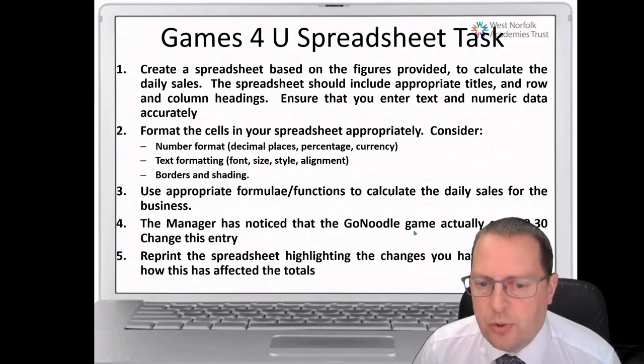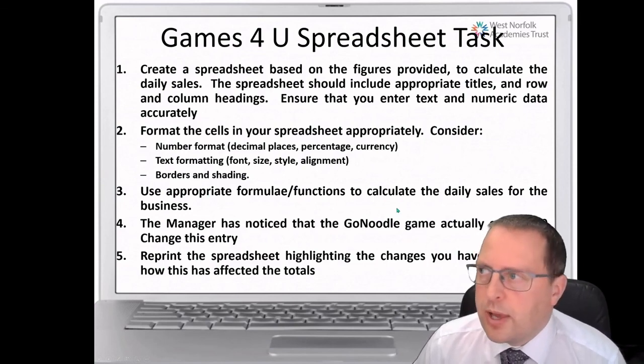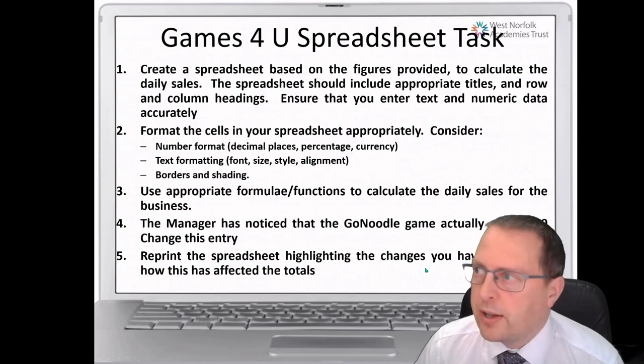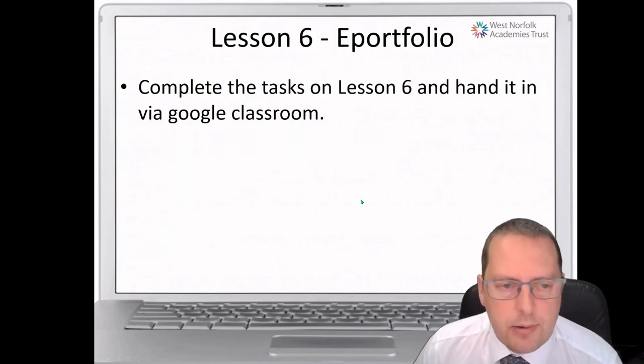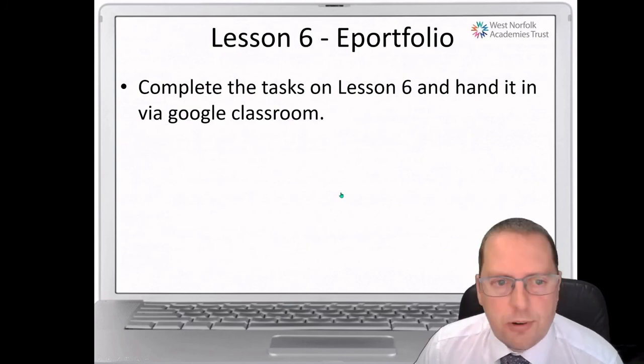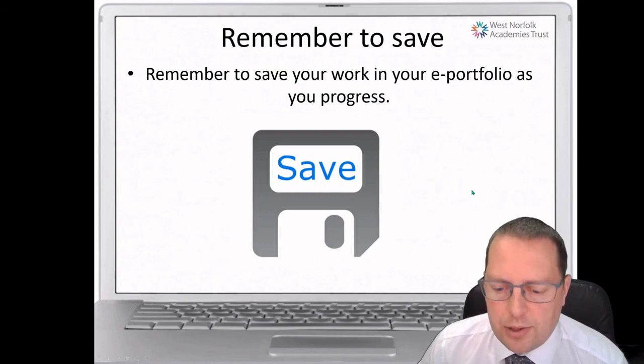So like here we've got the Go Noodle game, actually cost £9.30, and change that entry. So you should be able to change your spreadsheet and hopefully everything automatically updates. And then you can create a graph to show that information. So you need to complete that work and show evidence in your ePortfolio, and then remember to save your ePortfolio as you progress.